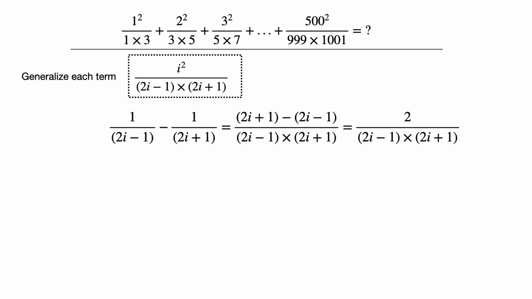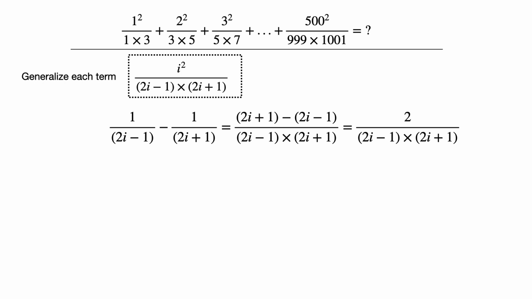Then we can find out that usually for this kind of term we can separate it into two terms that subtract from each other. So now let's take a look. What would it be? First is 1 over 2I minus 1. The second one is 1 over 2I plus 1.